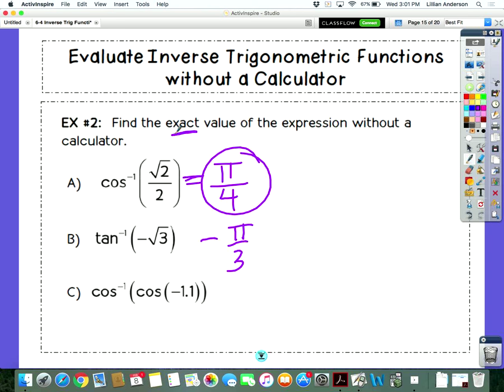Now let's look at this one. Ooh, this looks like that property, correct? Look back to the front if you need to remind yourself. Wasn't there one that was something like this? Yeah, but it's lower than negative 1.